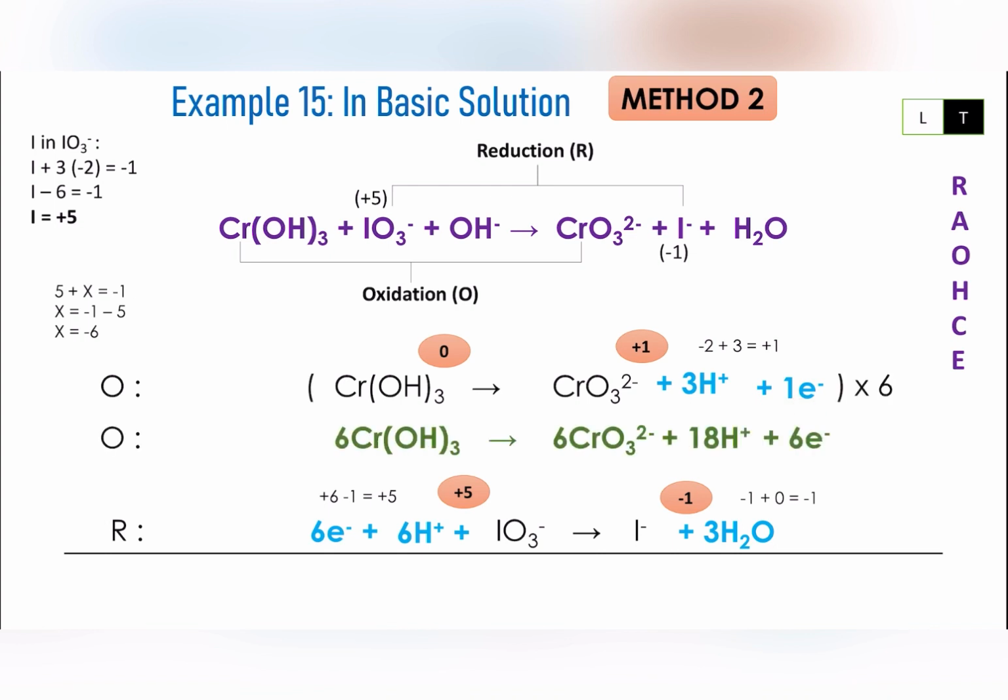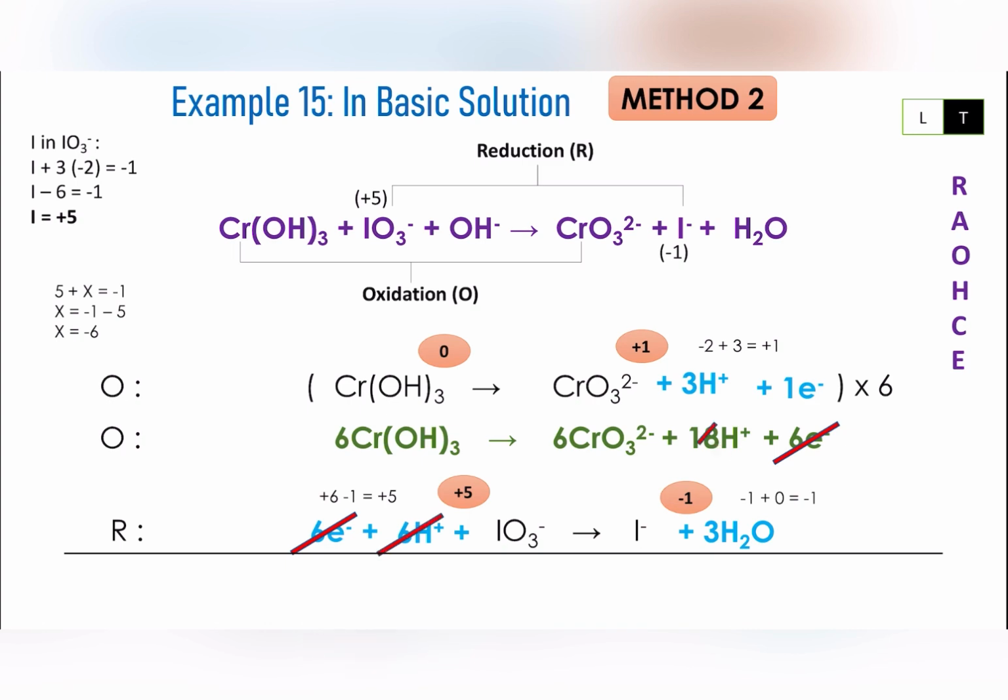So you will have the new half equation for oxidation. Next, I'm going to cancel out the 6 electrons. And you can see there is a similarity for H plus as well at the opposite side. Cancel means you subtract. So you got 6 H plus here, you got 18 H plus here. So 18 minus 6, you got 12 left.